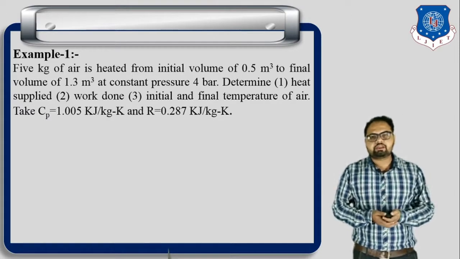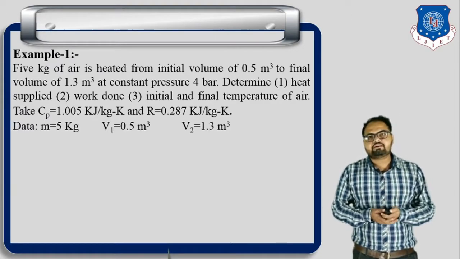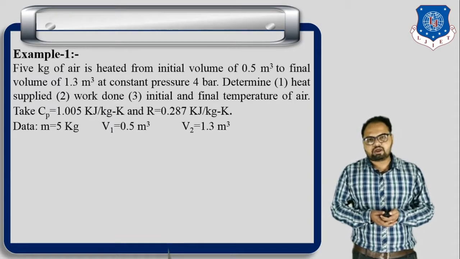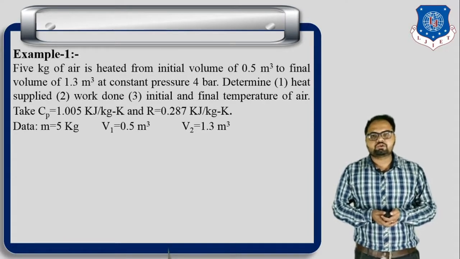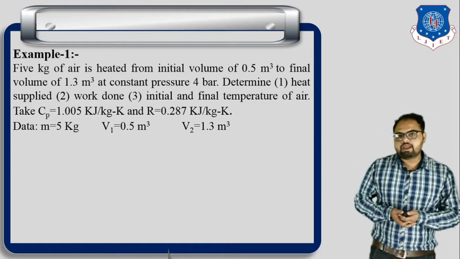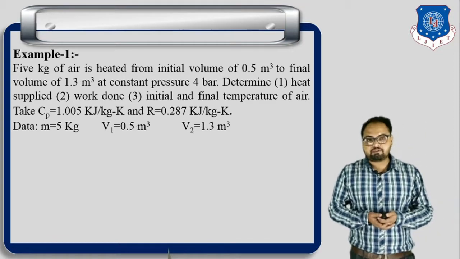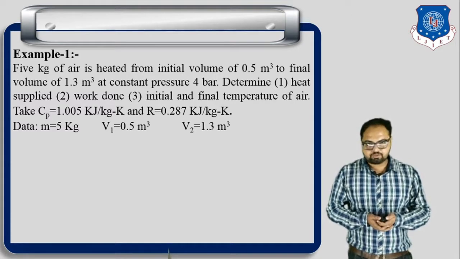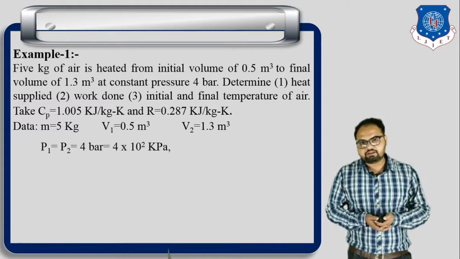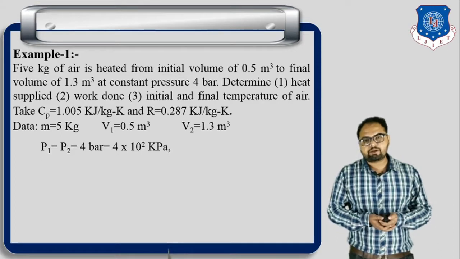Here in this numerical you can see that the mass is 5 kilogram and the air is heated with initial volume V1 is equal to 0.5 meter cube and final volume V2 is 1.3 meter cube, and the pressure remains constant. That means P1 is equal to P2 is equal to 4 bar, that is 4 into 10 raised to 2 kilopascal.